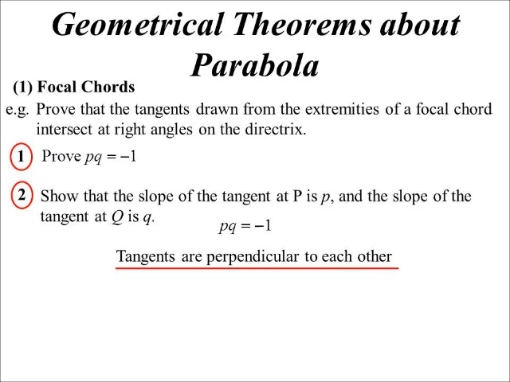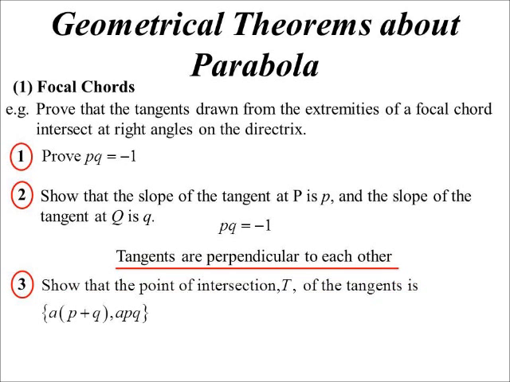The other part is on the directrix. So we could go and find the point of intersection of the tangents. And remember, it ends up being a times the sum of the parameters and then a times the product of the parameters. Well, it's more the y value I'm interested in. y is equal to apq. And again, we've just proved that pq is equal to -1.